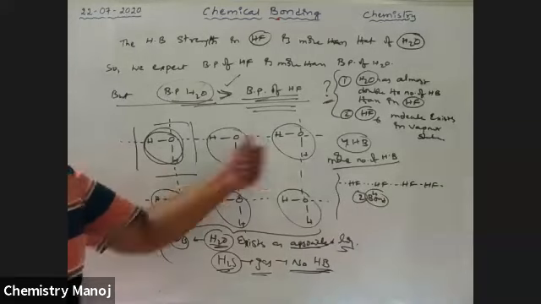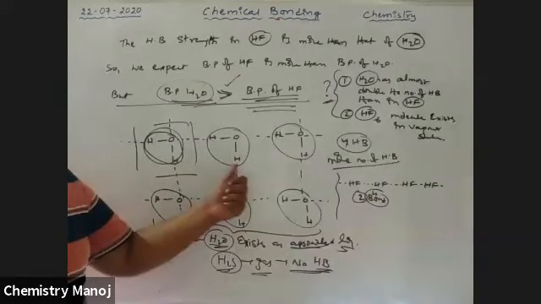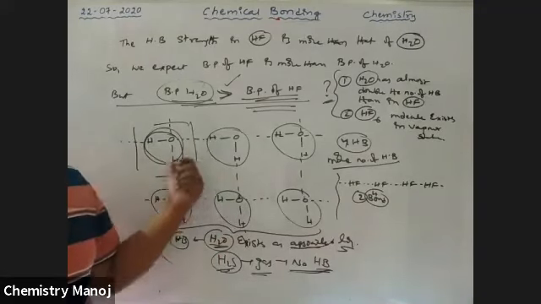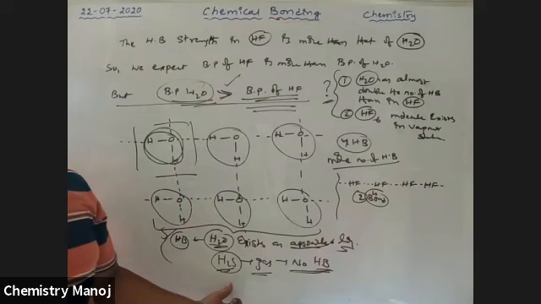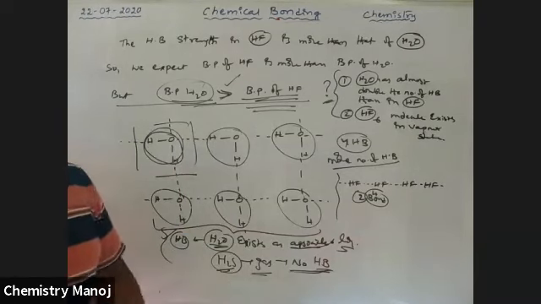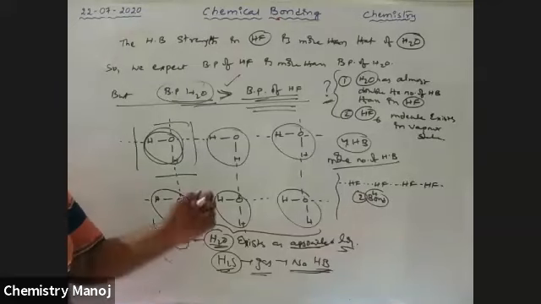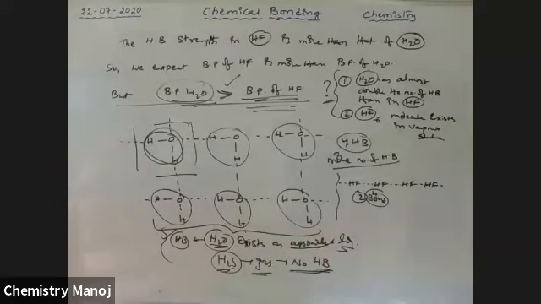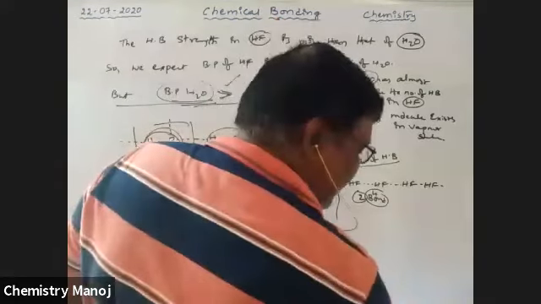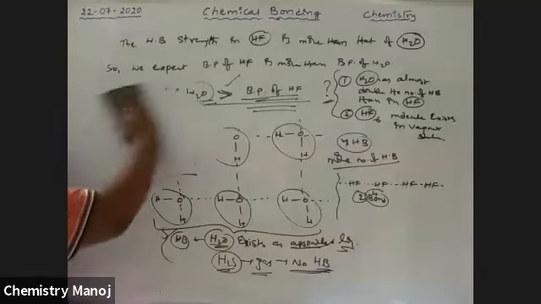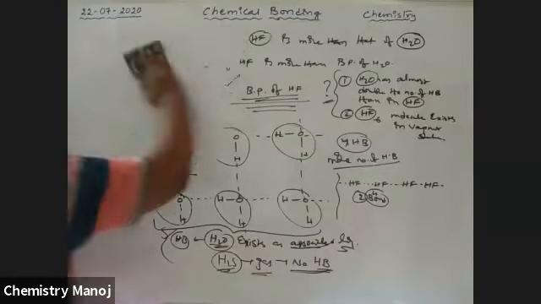In H2O there is intermolecular hydrogen bonding, but in H2S there is no intermolecular hydrogen bond. There is molecular association in one and no molecular association, molecule free, in H2S. That's why H2S is in the gaseous state and H2O is in the liquid state. So it affects the physical state of the molecules. We expected water as vapor, but at room temperature water exists as a liquid because of intermolecular hydrogen bonding.